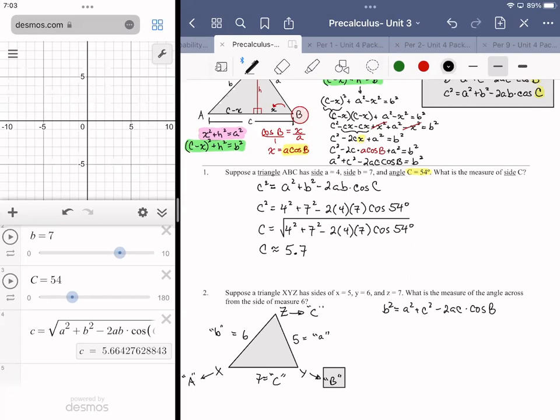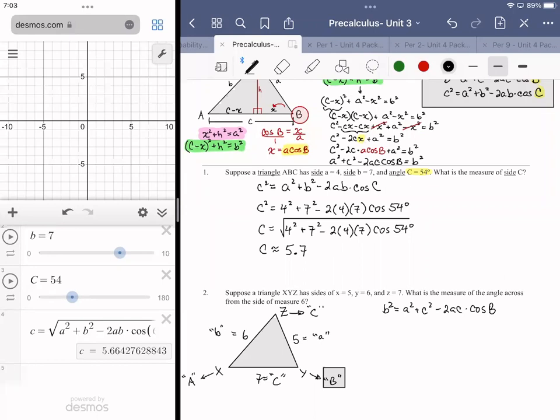All right. Now for this, they're asking us to figure out the angle. So what I would actually do, if I'm thinking in terms of Desmos, if I wanted to create a rule here, is solve this general equation for B and then let Desmos do the work for every problem that comes after this. All right.